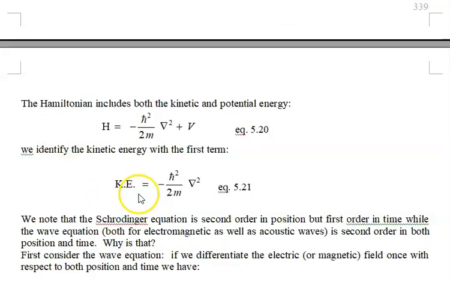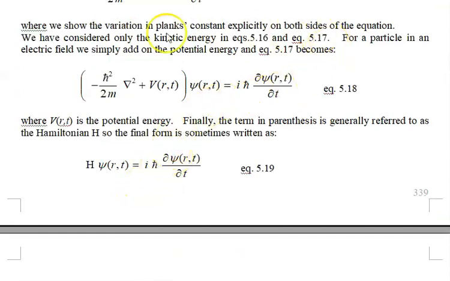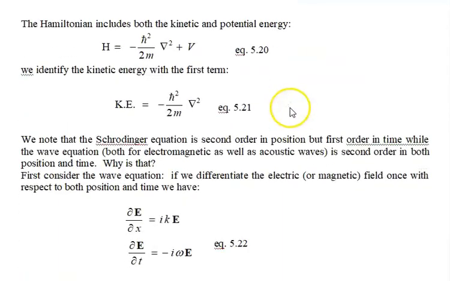So this is the equation as it generally is written, but again there are 2 derivatives with respect to position and 1 with respect to time. That's the basic essence of it.